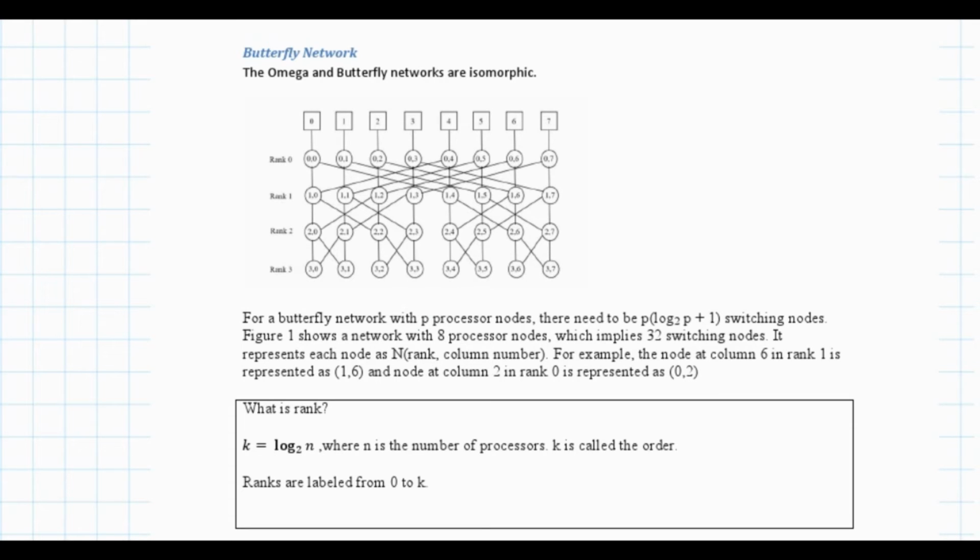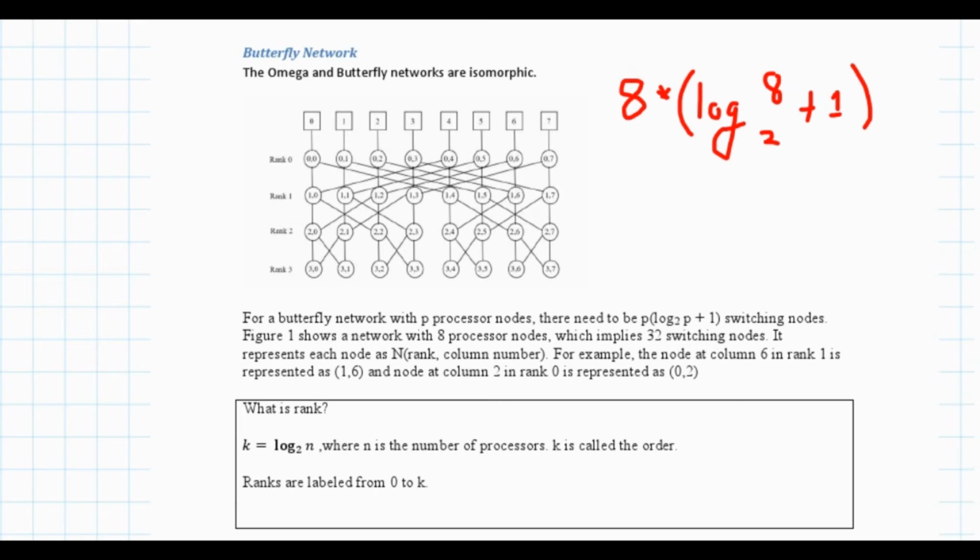There need to be P log P base 2 plus 1 number of switching nodes. That means if you have 8 processors in your multiprocessor architecture, then the total number of switches that you are going to use will be 8 multiplied with log 8 base 2 plus 1.